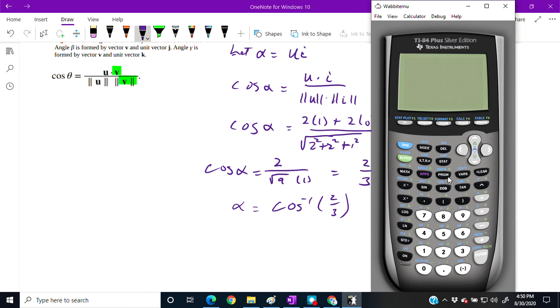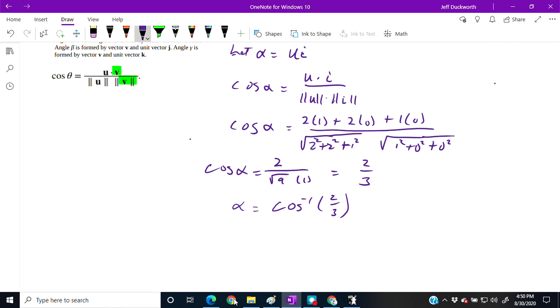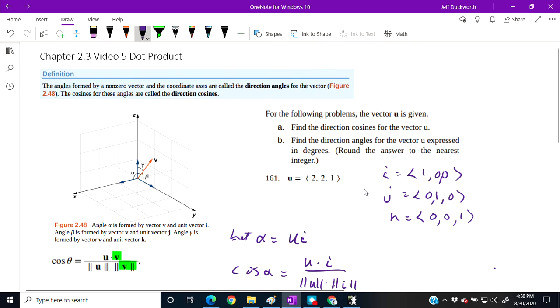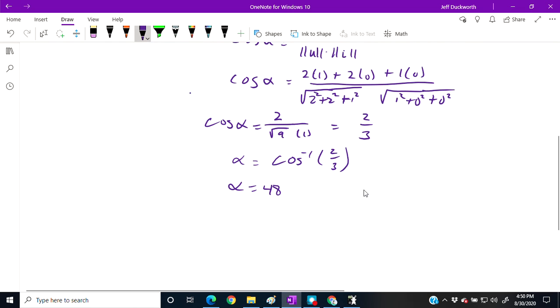I believe this is already set for degrees. It is. So we need second function cosine and 2 divided by 3. 48.19 degrees. We'll see if they want us to round. Nearest integer, so just 48 degrees. So that's what alpha is.